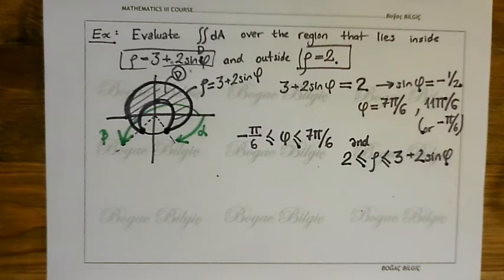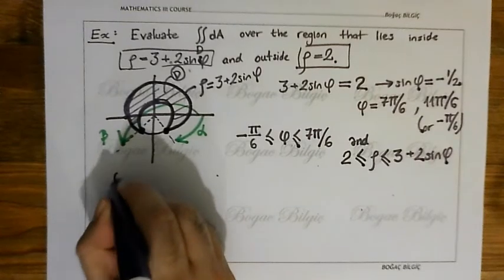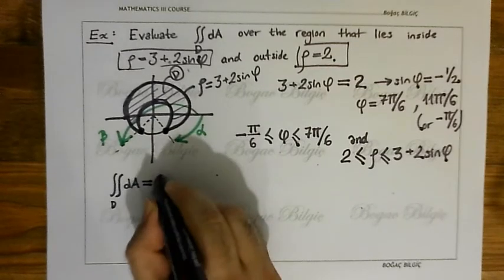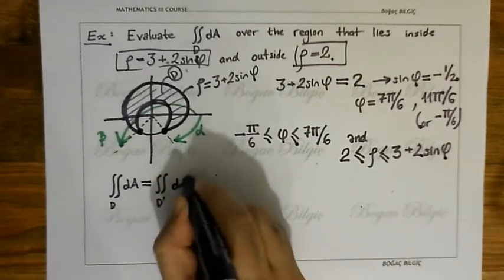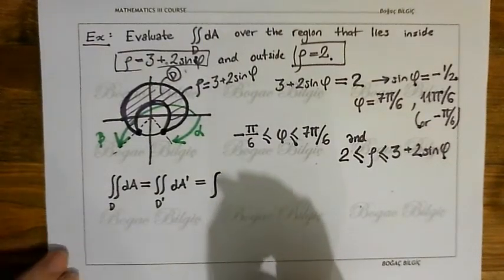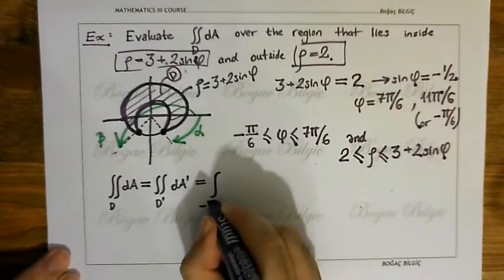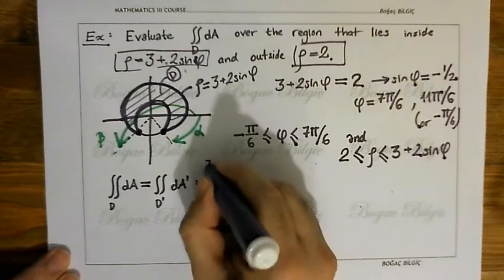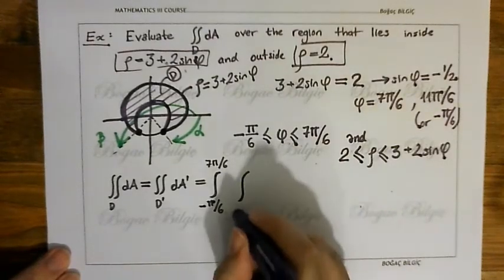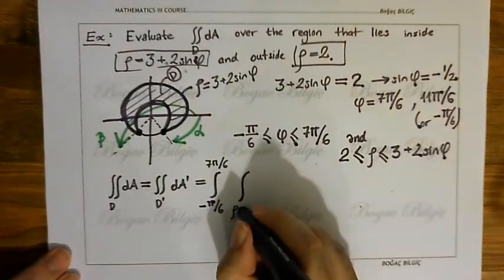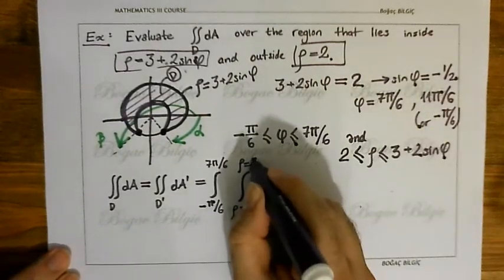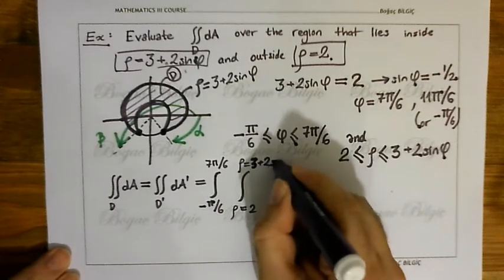So the double integral over D dA is equal to the area integral, from minus pi divided by 6 to 7 pi divided by 6, and rho from 2 to 3 plus 2 sin phi.